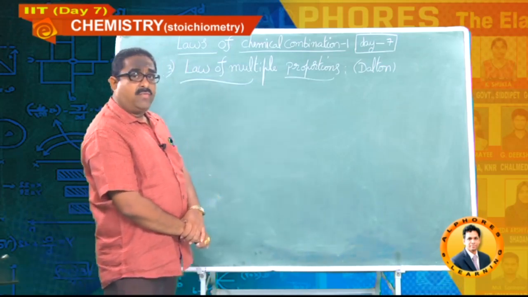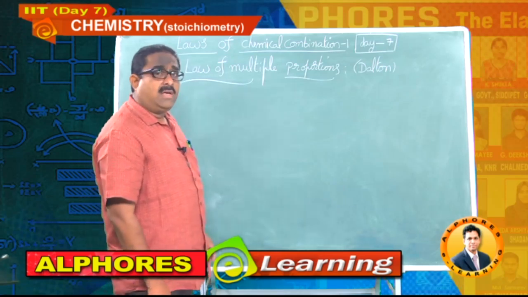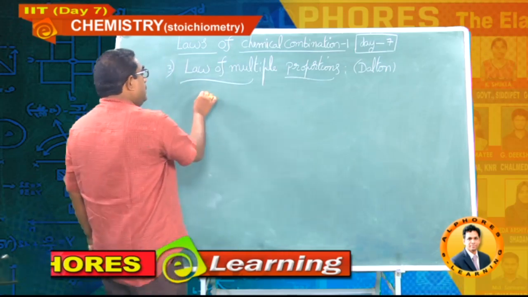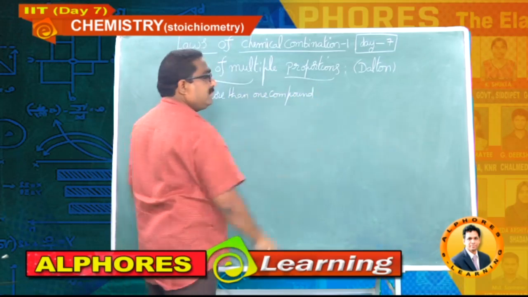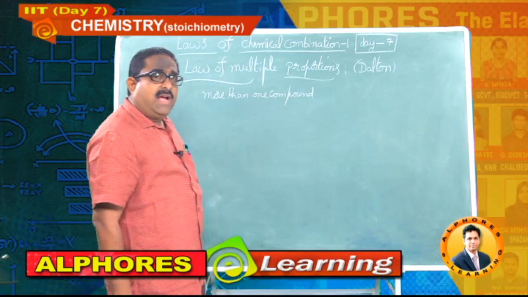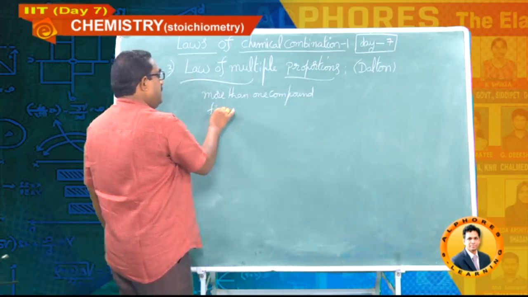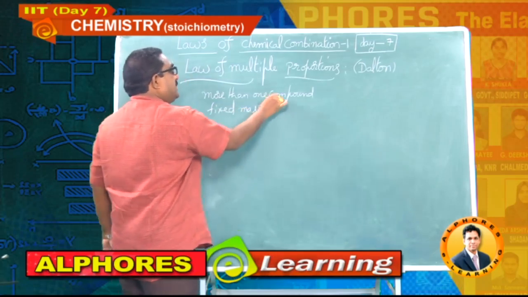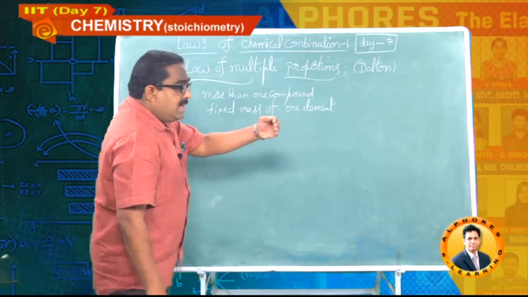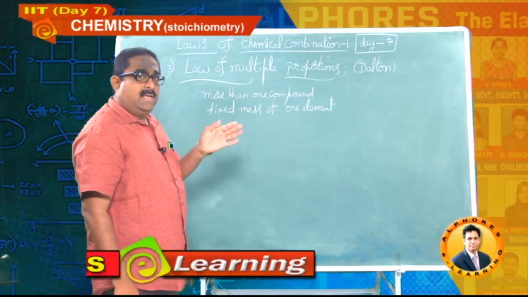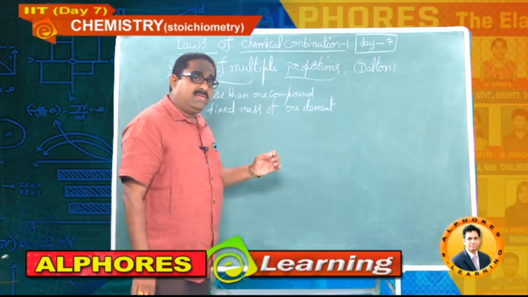If two elements combine to form more than one compound, then for the fixed mass of one element, write down, students, fixed mass of one element, the masses of other element combined will be in the simple ratio.